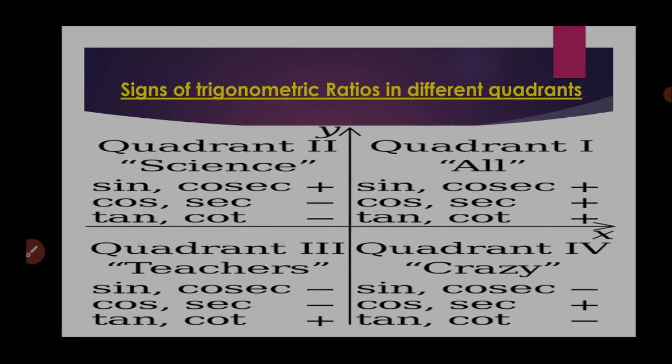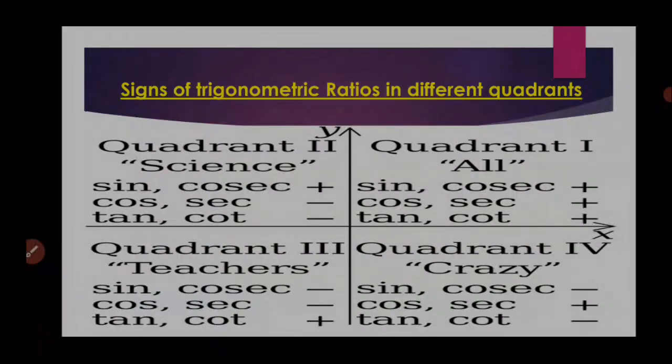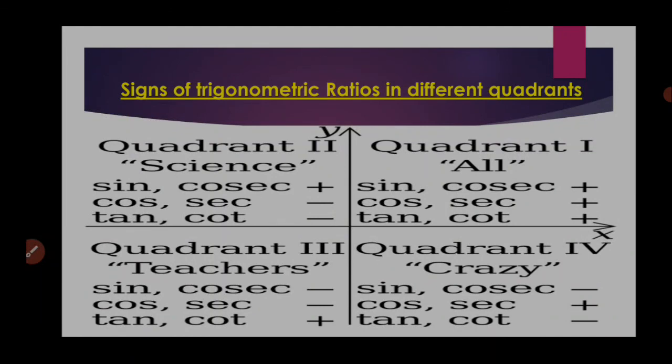The rest, cos, sec, tan and cot, are negative. In the third quadrant sine, cosec, cos and sec are all negative, but tan and cot are positive. In the fourth quadrant sine, cosec, tan, cot are negative and cos and sec are positive.